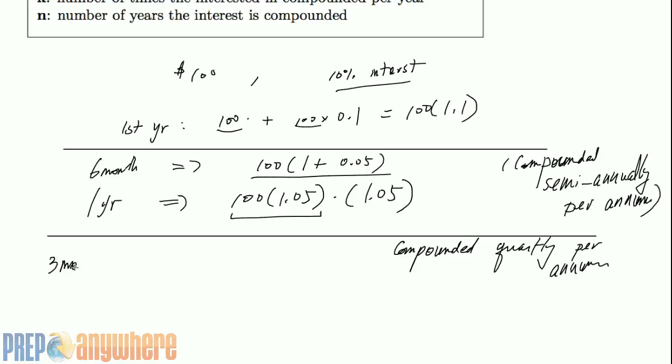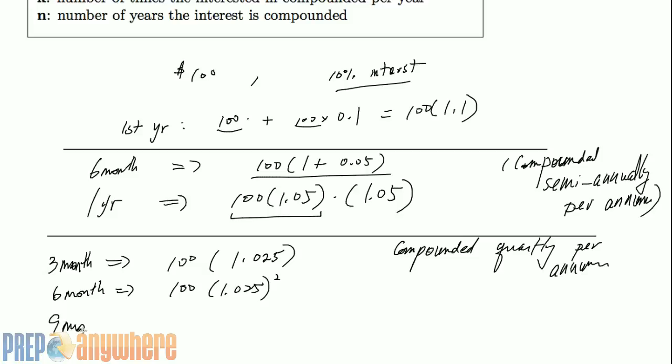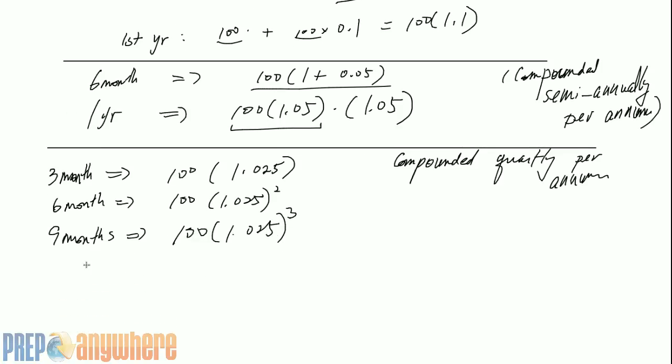At 3 months you get 100 times, this time, 1.025. Then at 6 months you get 100 times 1.025 times another 1.025, which is squared. And then at 9 months, you can see the pattern.